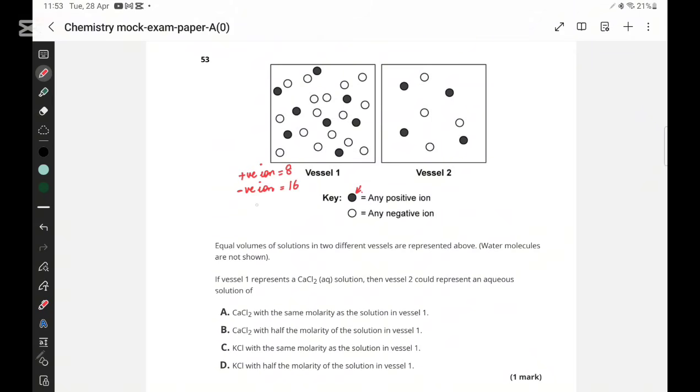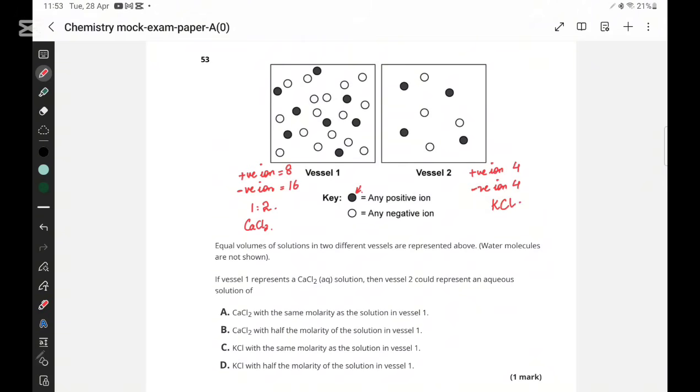So that is going to have positive and negative ions in a 1:2 ratio, so that must be calcium chloride first of all. And if you see positive ion here, that is going to be 4, and negative ion here, that is going to be 4 as well. That needs to be 1:1, so that could be KCl.